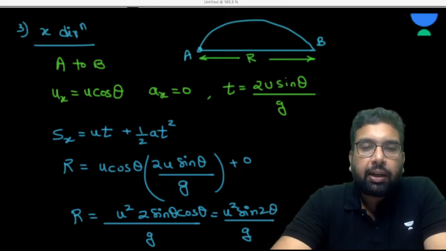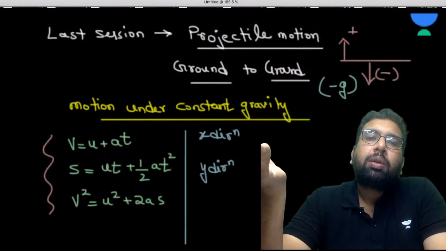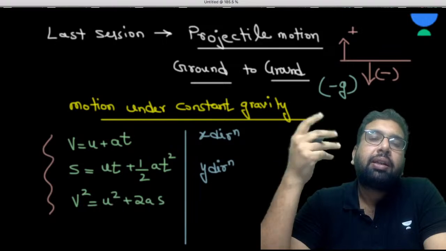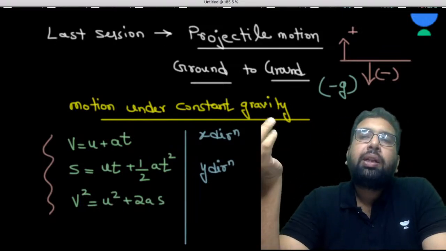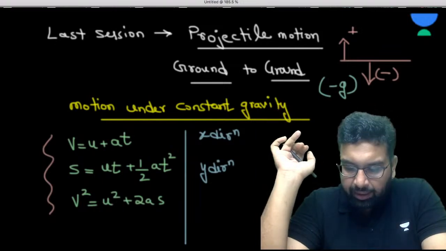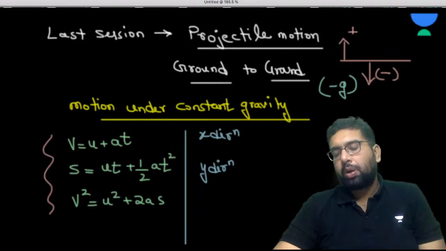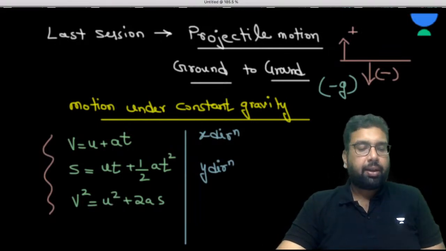Now, when I started the lecture, I said that projectile motion is nothing but the use of these equations. It is nothing but the case of motion under constant gravity. The only thing is that you are applying these motions in x and y direction. Now, is it clear to you or not? Please answer me.